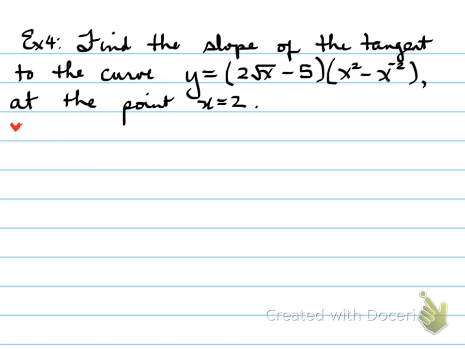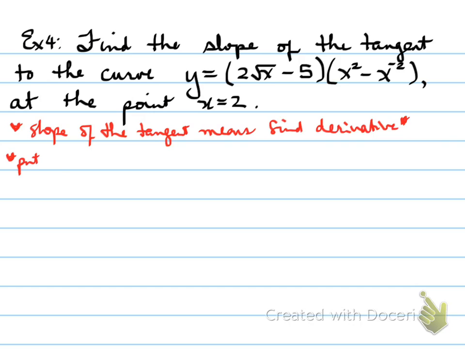So let's go through and find this. So slope of the tangent means find the derivative. Now in order to find that derivative, you've got a mixture of, you'll notice, roots and exponents. Convert everything to exponential form first. Once you do that, it will make it much easier to find the derivative.